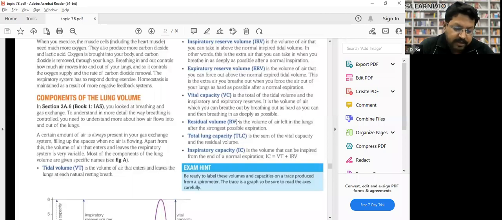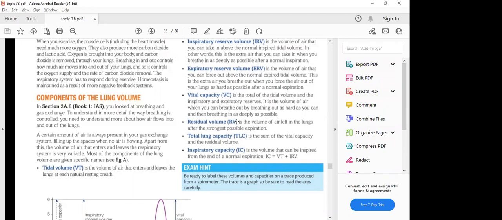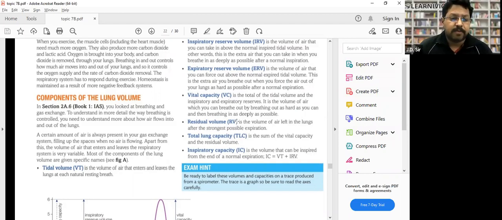What is RV? Residual volume. Residual volume is that volume which cannot be breathed out, that cannot be taken out from the lungs. You have expired the tidal volume, 500 ml.